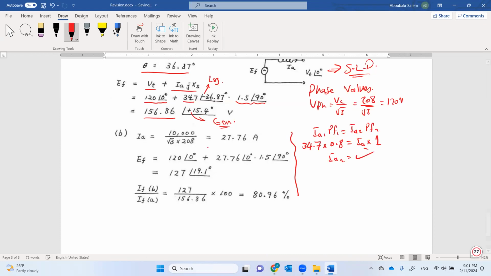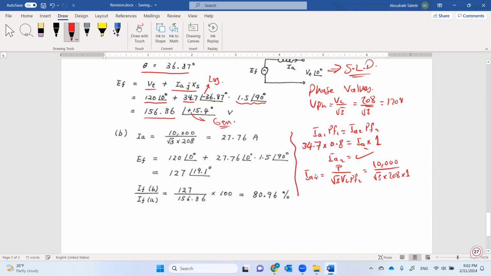Another way, which is the solution here, we can say IA in the second case equals the same power, because it's constant, divided by root 3 times V line times power factor 2. So this is going to be 10 kilowatt divided by root 3 times 208 times unity. This is going to provide us our second current.